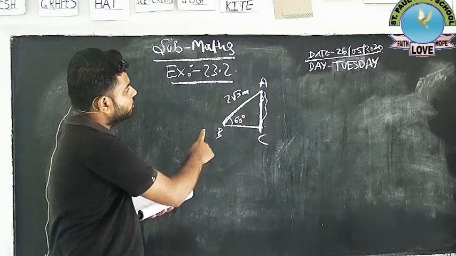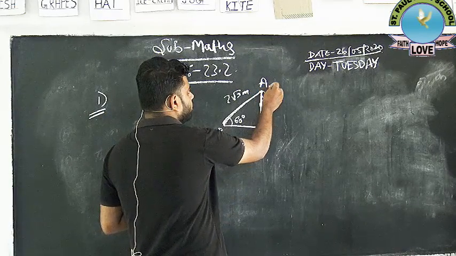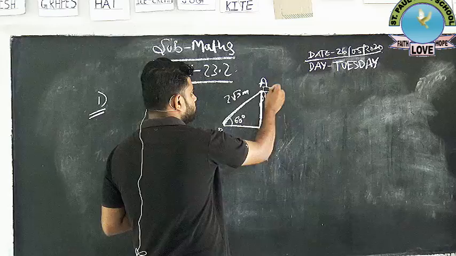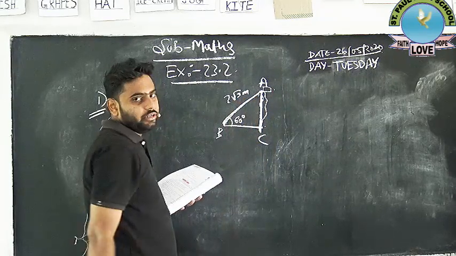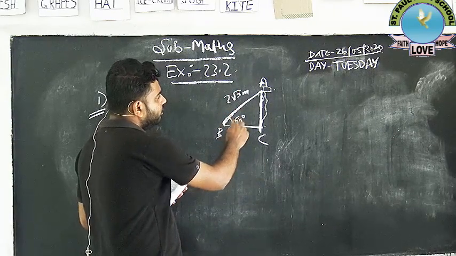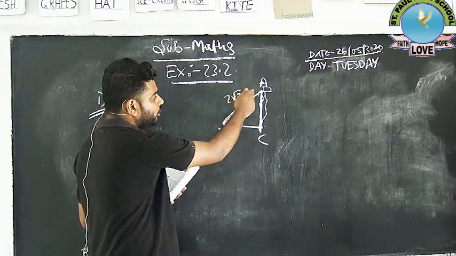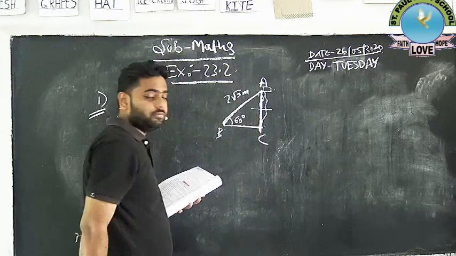How have I drawn this diagram? I just imagined a point, and that point is the window, and from that point a ladder is inclined at an angle of 60 degree, and the ladder's length is 2√3 meter. What we have to find out in this question is this AC.